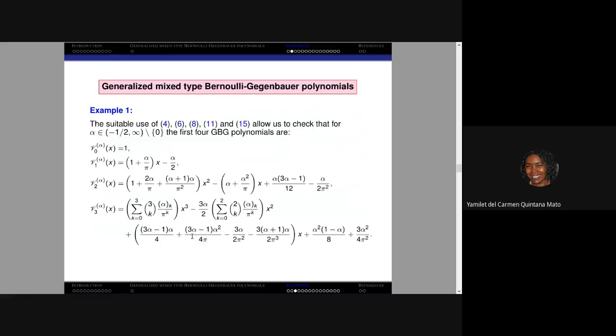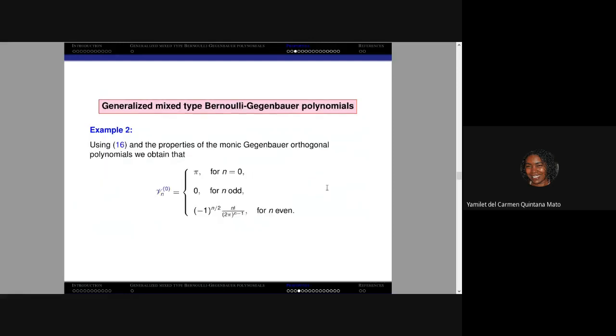In other words, the coefficients in that polynomial represent another family of polynomials, this time in variable alpha. Okay.